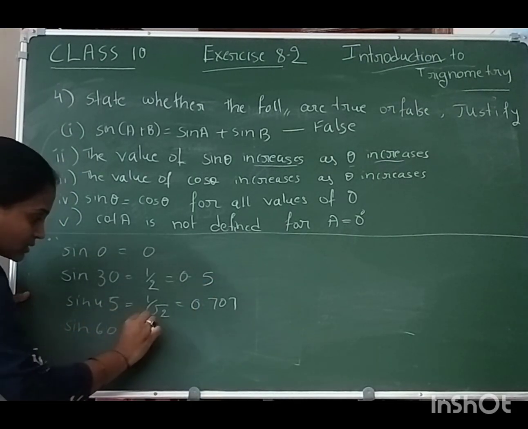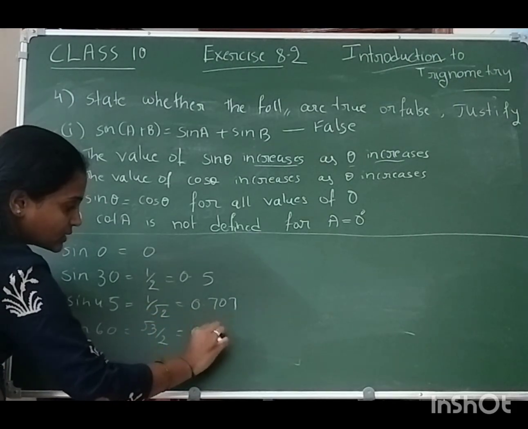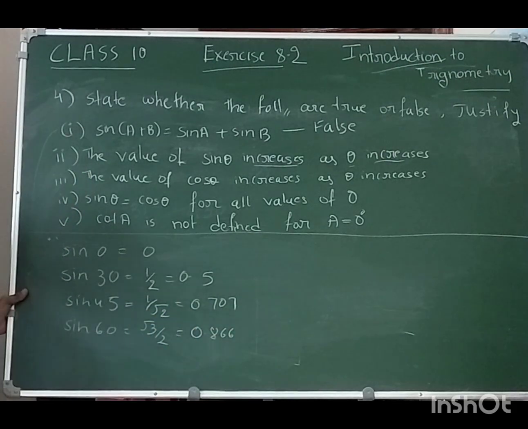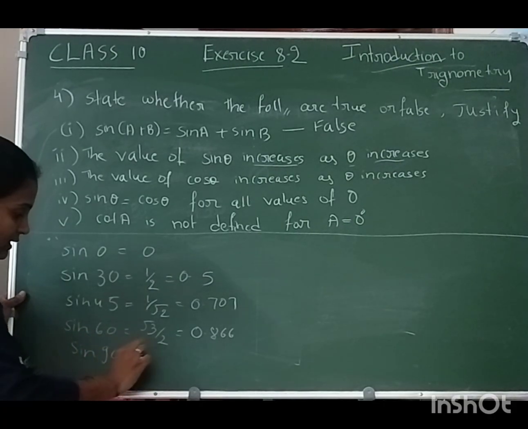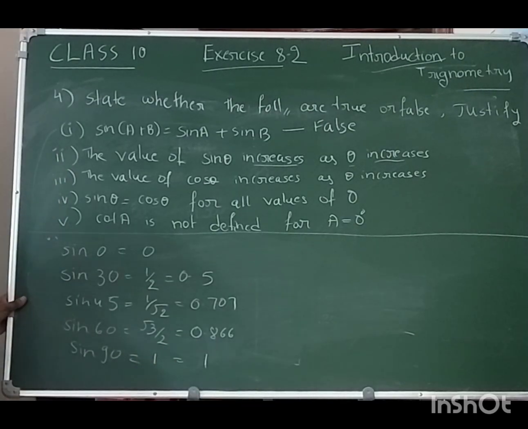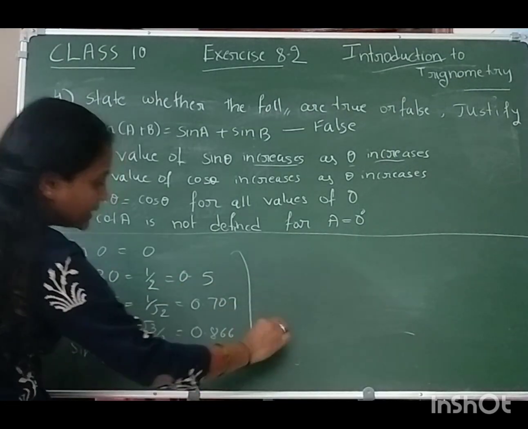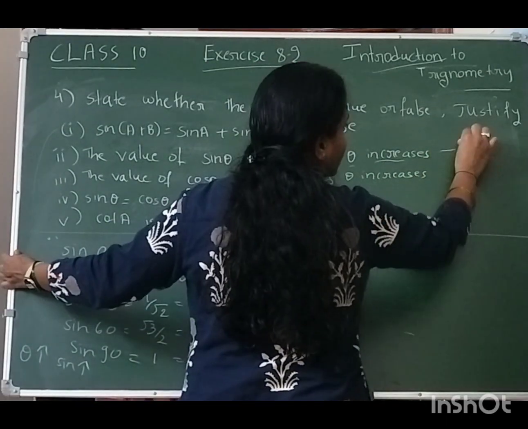Sin 60 is root 3 by 2, which is 0.866 in decimal form. And we know that sin 90 is 1. We are writing everything in decimal form to clarify whether it's increasing or decreasing. From this we observe that it is increasing. So as theta increases, the sin value also increases. So the given statement is true.